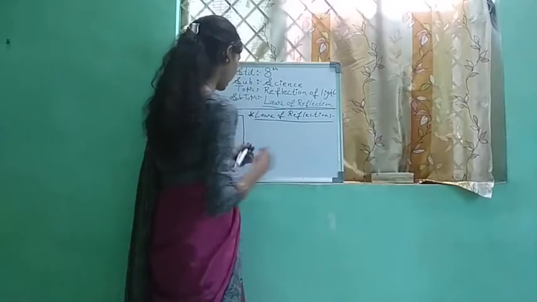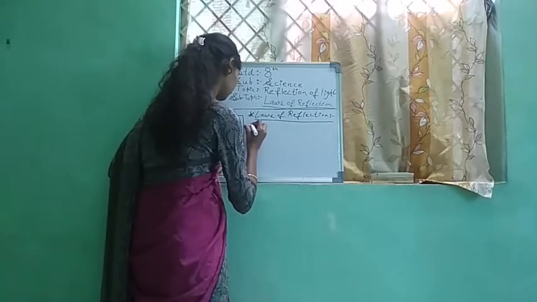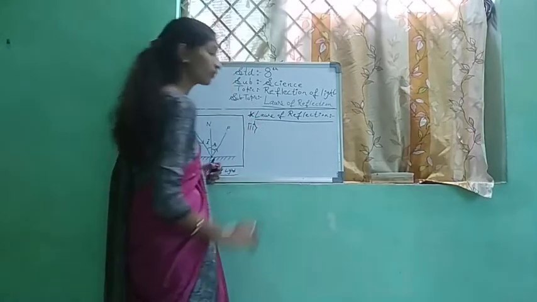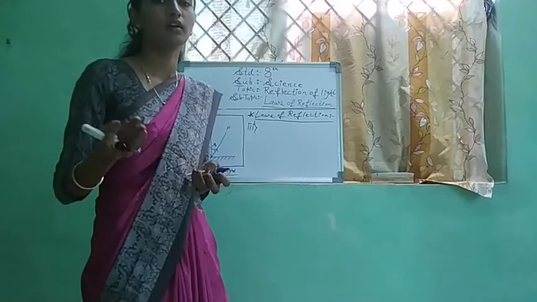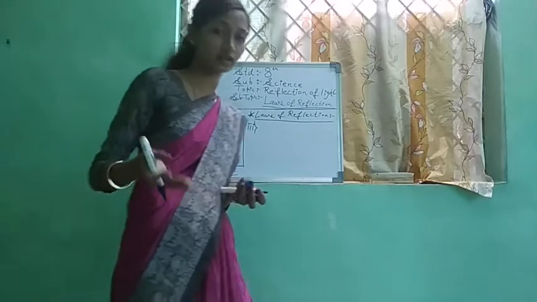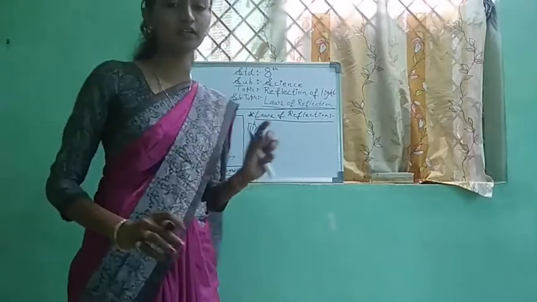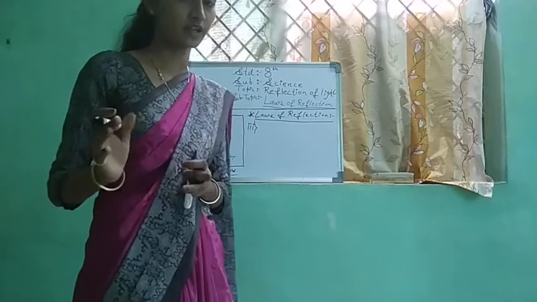The third and the last law. We have gone through from the starting, reflection of light, basic terms, then laws. In those laws we have seen two laws of reflection.